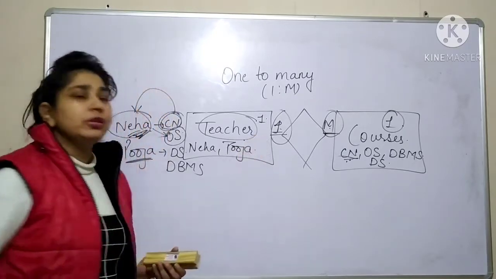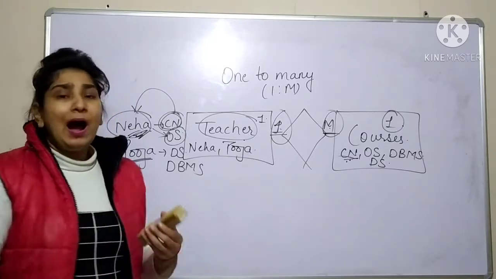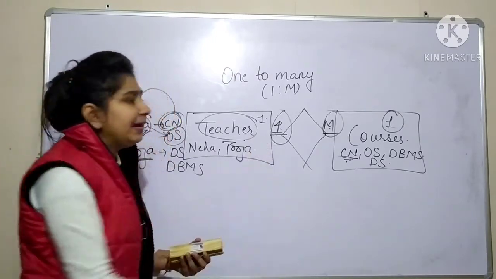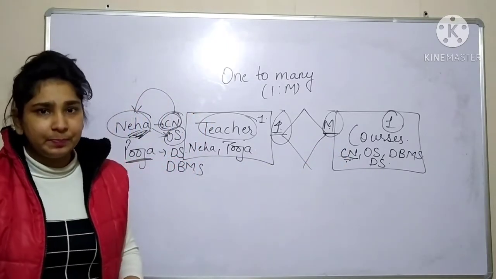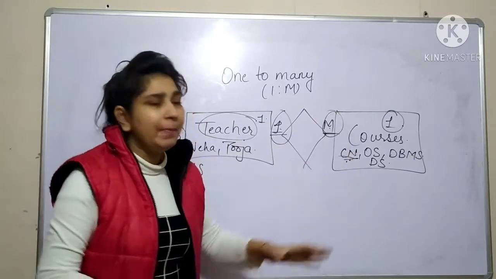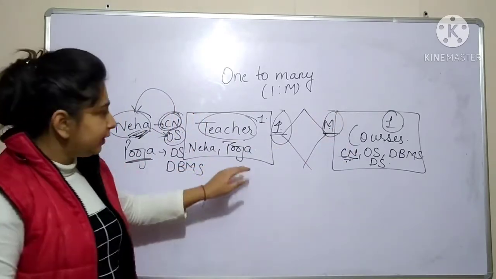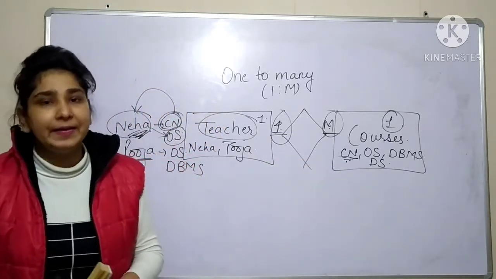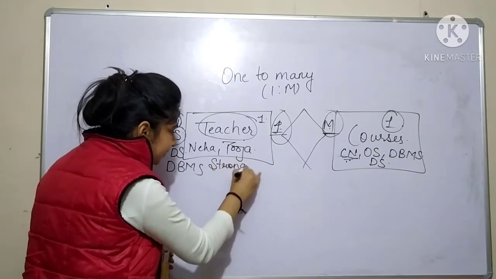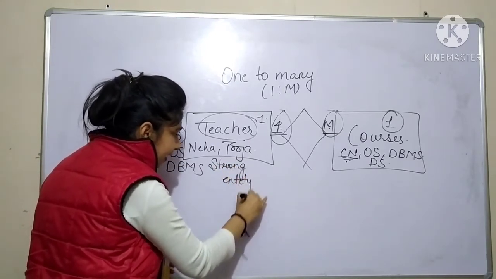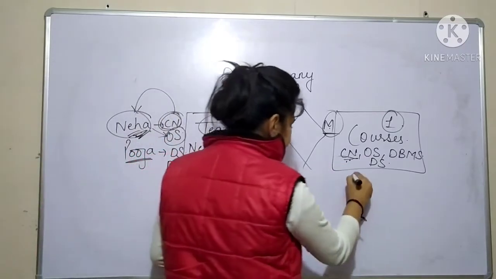If you look at teacher, teacher is an independent entity. If you delete the teacher entity, then definitely courses would not be deleted. So both are independent. There is no dependency of one entity over the other. So teacher is a strong entity, and course is also a strong entity.